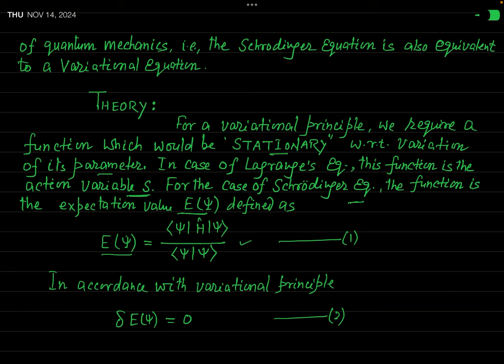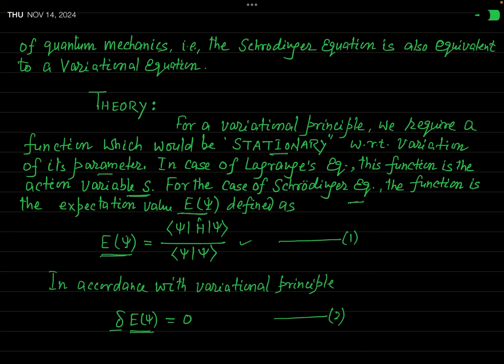Now, if you apply the variational principle, then a variational operator denoted by the symbol delta will be applied on it. And in accordance with the variational principle, the delta variation of this quantity E of psi must be equal to 0. Okay.